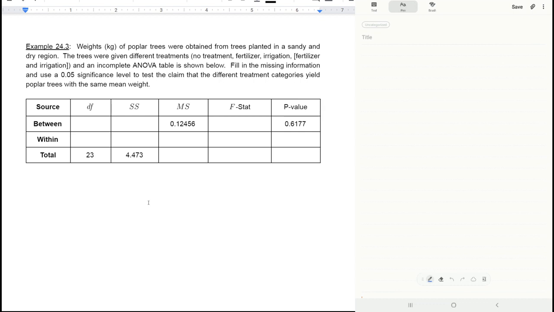Okay, so let's have a look at this table here. We're given some information from the ANOVA test, and we want to determine the missing information. So let's have a look at the degrees of freedom first. The treatment degrees of freedom, or the between group variability, is the number of groups minus 1.